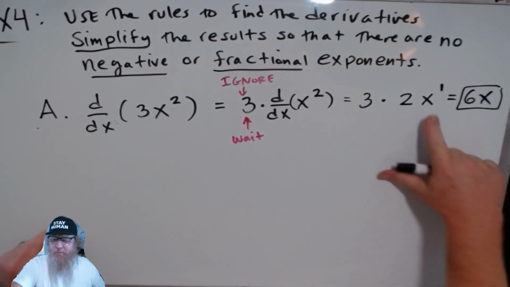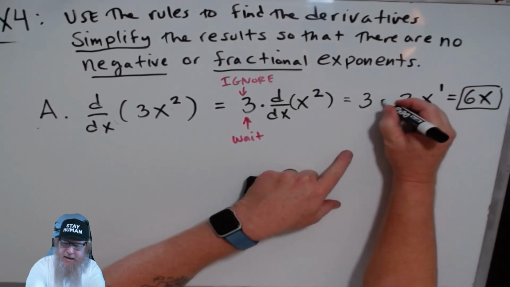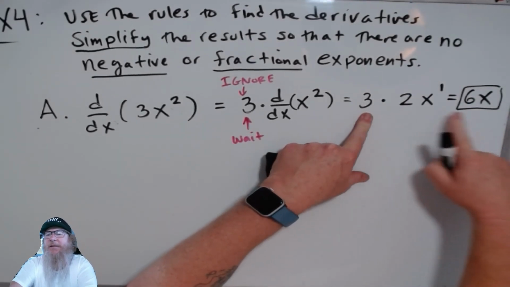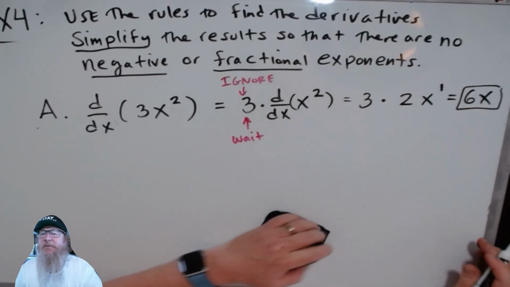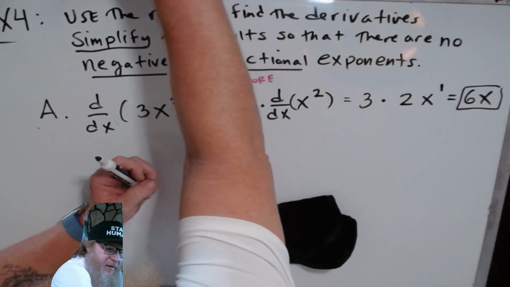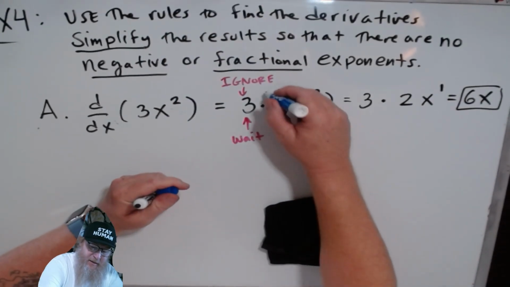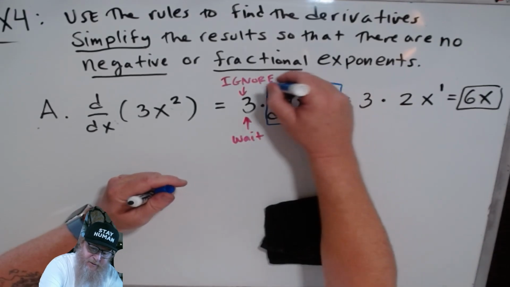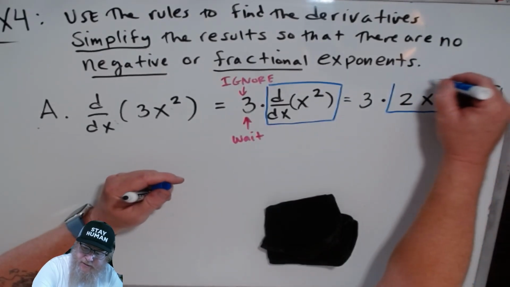I usually don't write the 1 power, so it's 3 times 2x to the first, which is 6x. Okay. Maybe I'll illustrate this. This derivative becomes this.